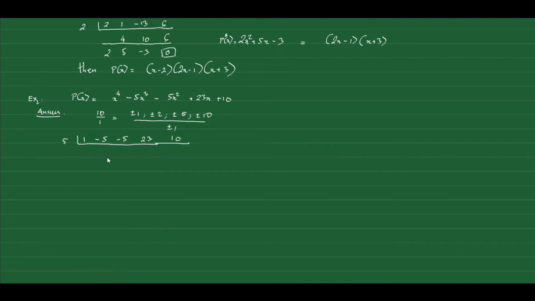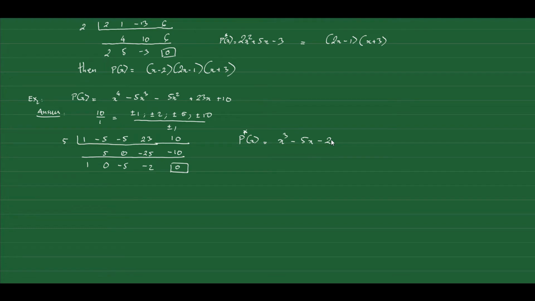Okay, bring down 1, 0, -5, -25, -2, -10, and you see that the remainder is 0. So the polynomial we have left, I'm going to call it p star, will be x to the third, x squared we don't have, minus 5x minus 2.